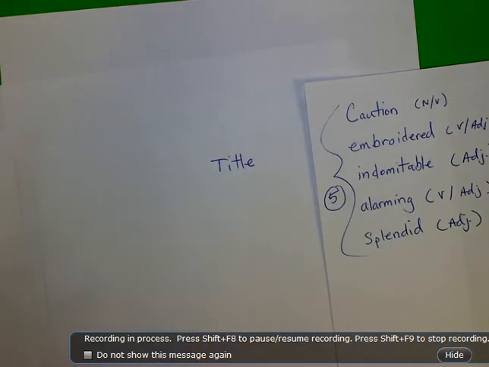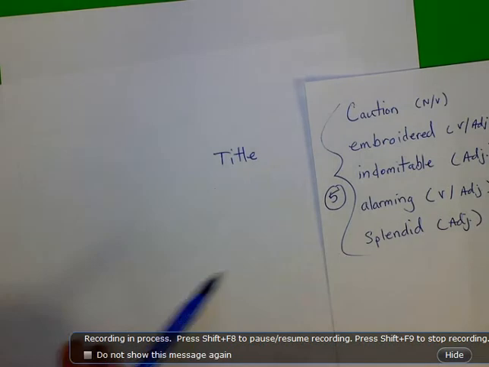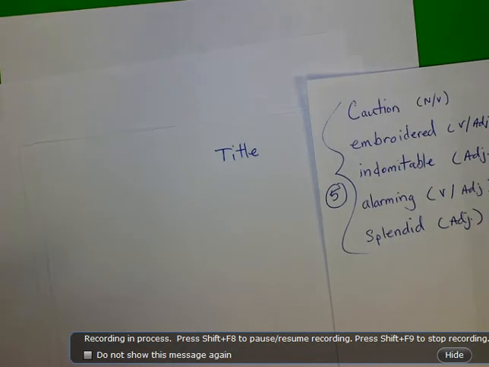Indomitable sounds like maybe the hero is indomitable, or there's a dangerous villain that is indomitable, which is going to be defeated by the hero. Something is going to be alarming in this story, and then there's an ending, a splendid ending. I can fix these and use them any way that I want to in the end, but sometimes looking that over first and thinking about it before you just jump into writing is a good way to make a plan.